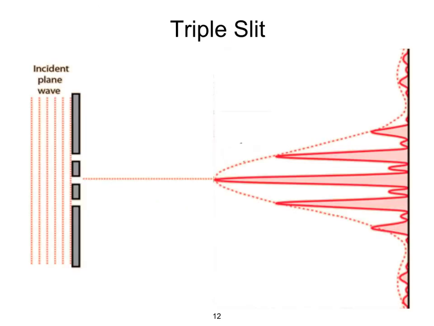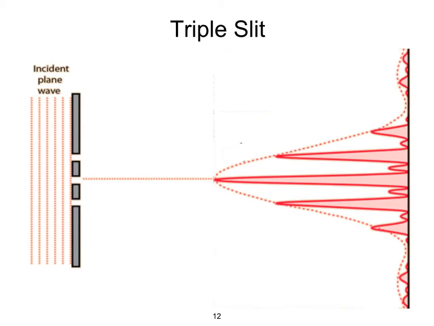Okay, so what if we keep going to 3 slits? The bright fringes are much narrower, and you can now start to see a pattern even within the bright fringes, where you have some bright fringes that are very intense, represented by the taller peaks on the plot, and some bright fringes which are not very intense.